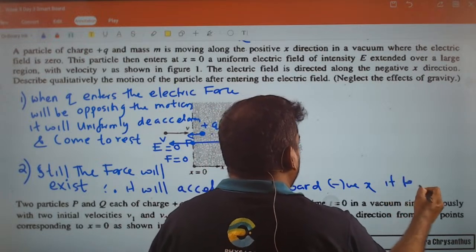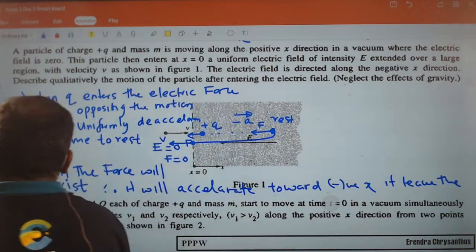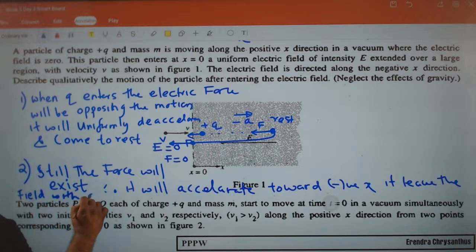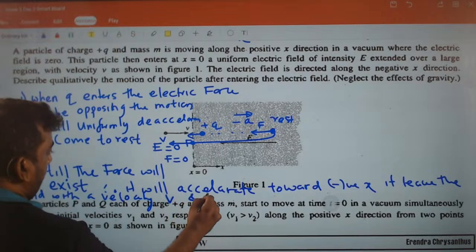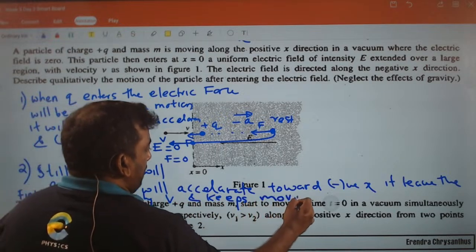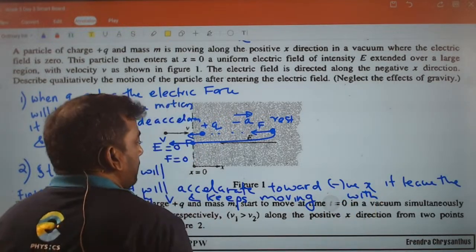It leaves the field with a velocity v and keeps moving with the same velocity.